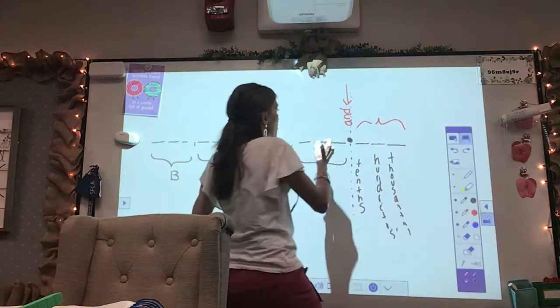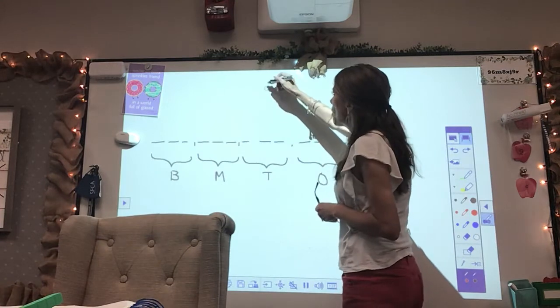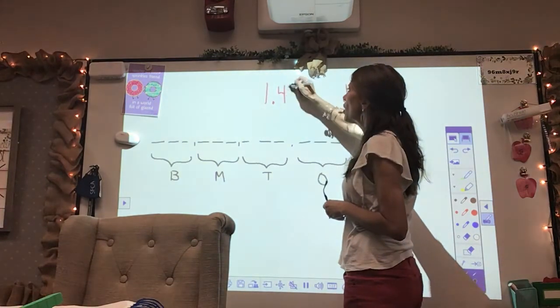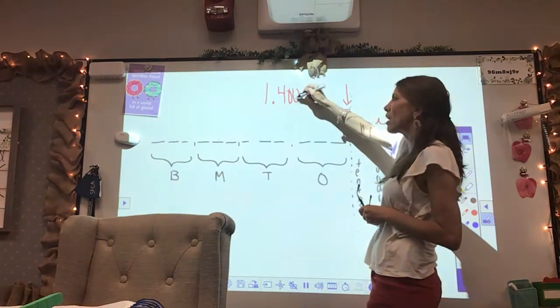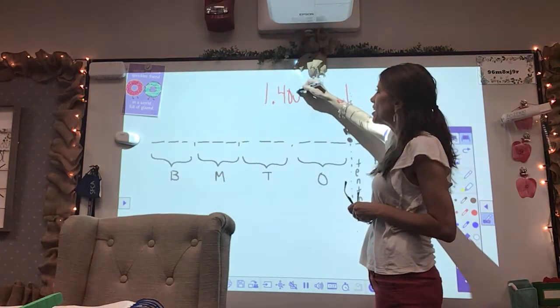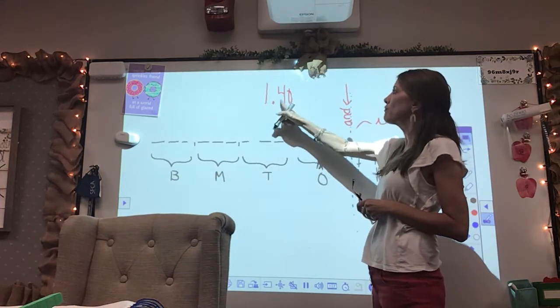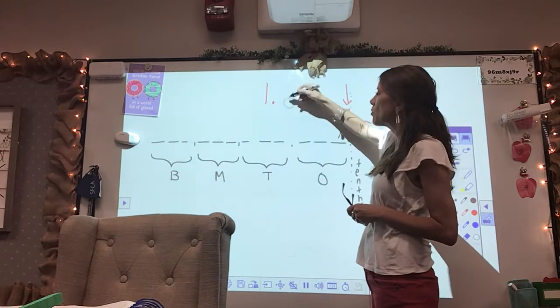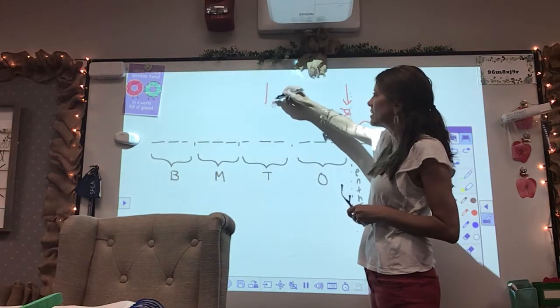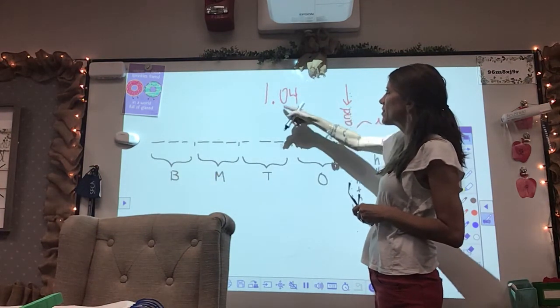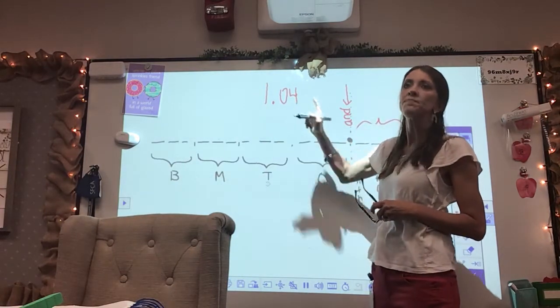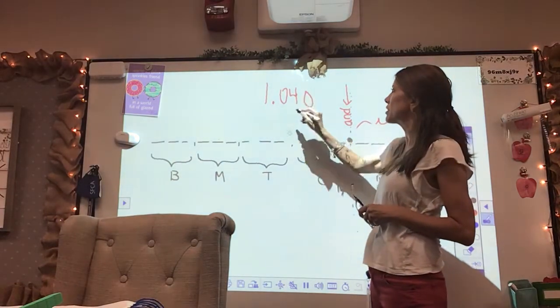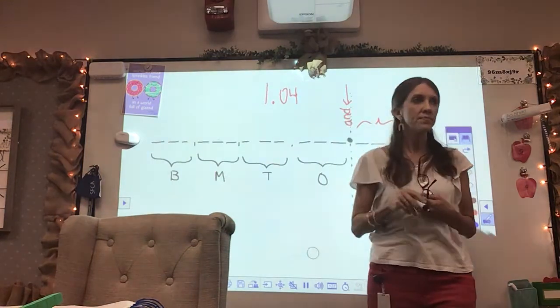So if you wrote this, 1 and 400, it's in the thousandth spot. If you wrote this, that's 1 and 40 hundredths. So if I want 1 and 4 hundredths, I have to go 1 and 4 in the hundredth spot. And you don't have to write a 0 here because that doesn't matter.